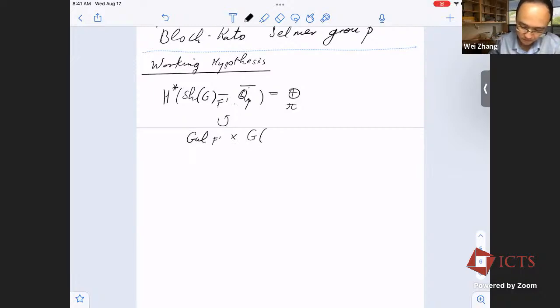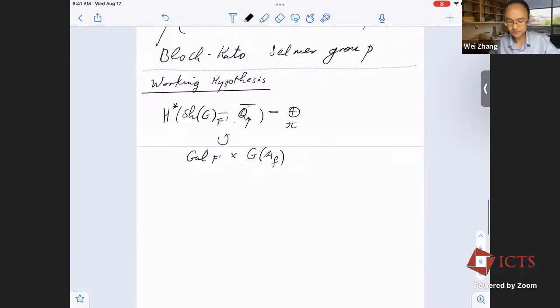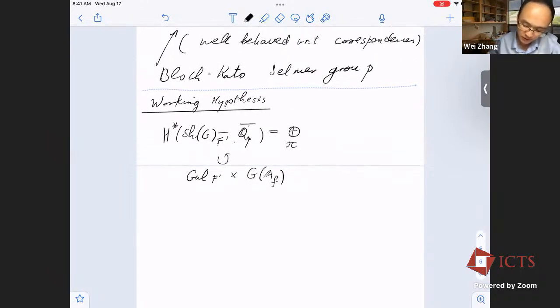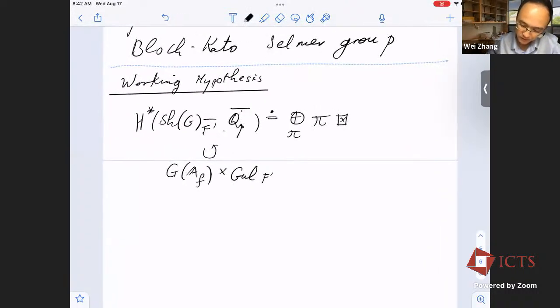The other one is the non-Archimedean points of G. So I expect this to decompose, at least modulo some less important terms, as a sum over automorphic representations pi of the finite part, tensor the Galois representation attached to pi, the p-adic Galois representation.